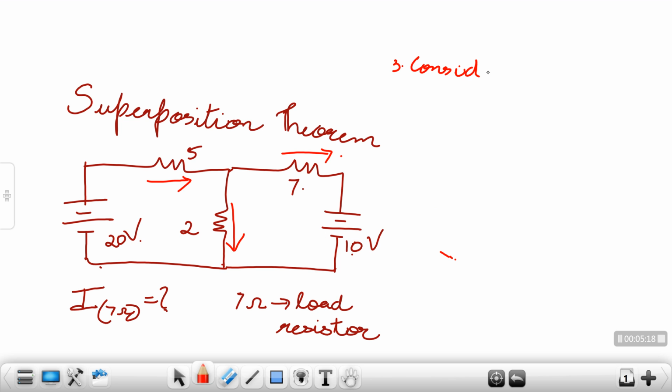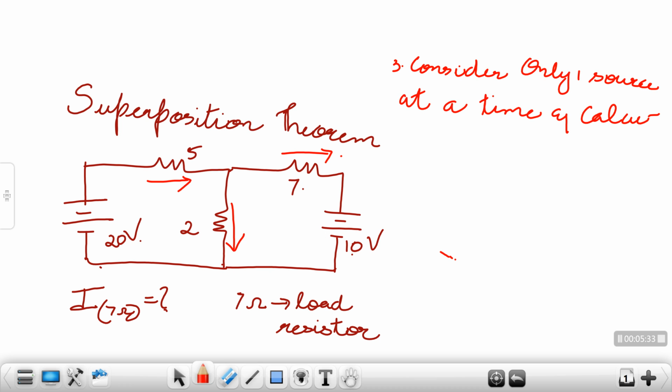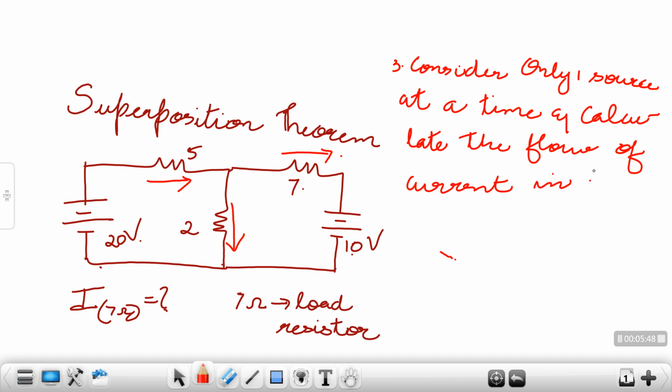Consider only one source at a time and calculate the flow of current in a 7 ohms resistor with that one source only.